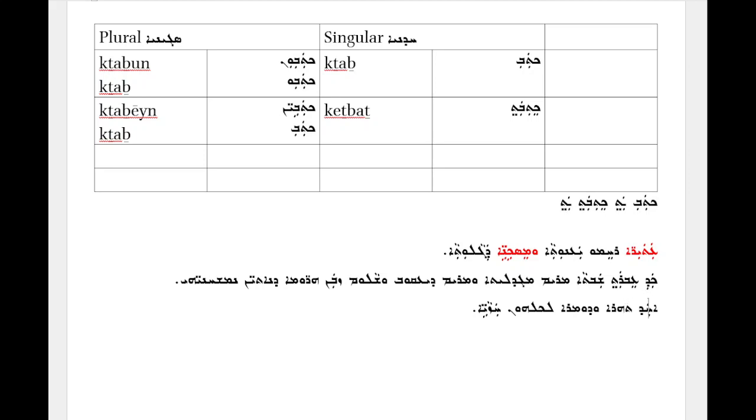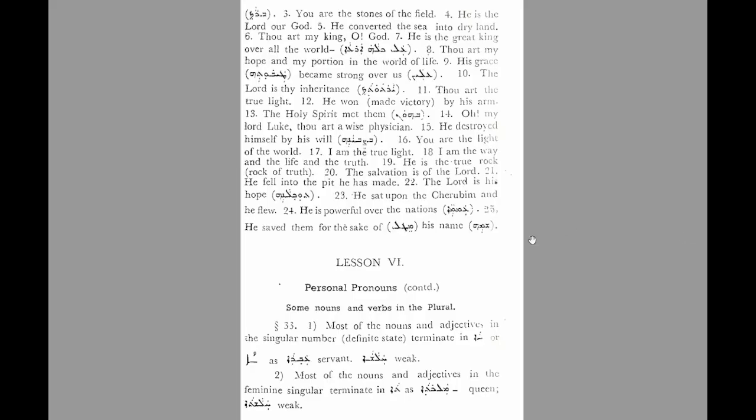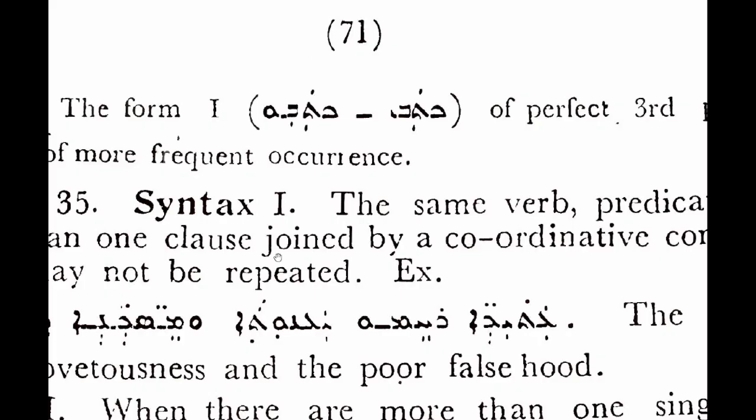Now let's go look at the questions in the chapter. So here's our chapter that we're going through. You can look through it on your own. And let me make it bigger.